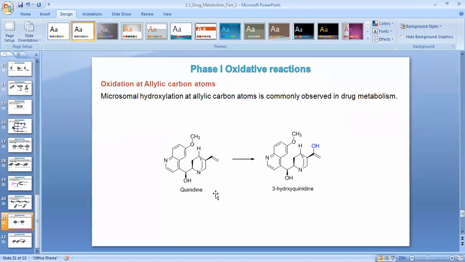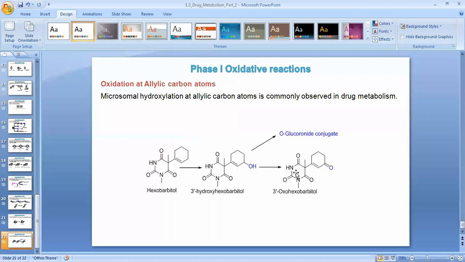Quinidine is metabolized in our body with the help of microsomal hydroxylation to form a metabolite, 3-hydroxyquinidine, so it is easy to excrete from our body.